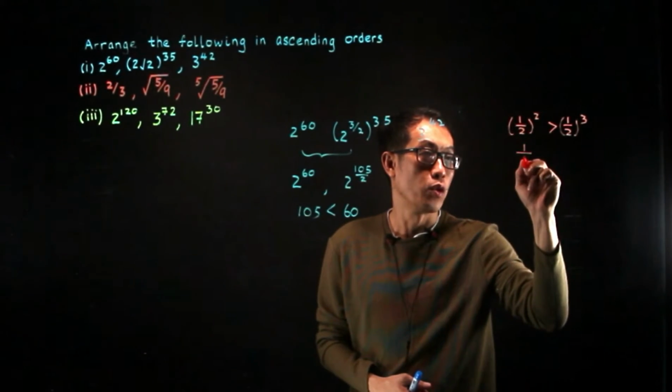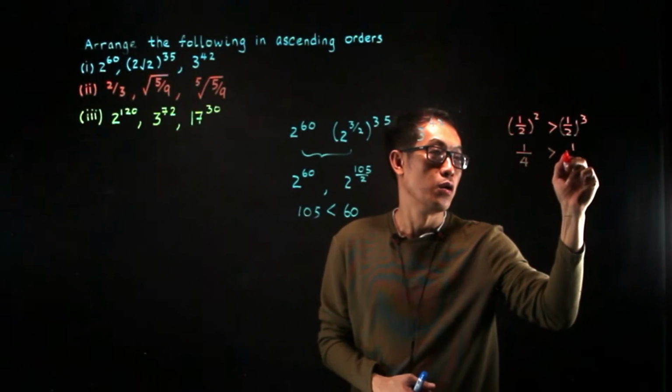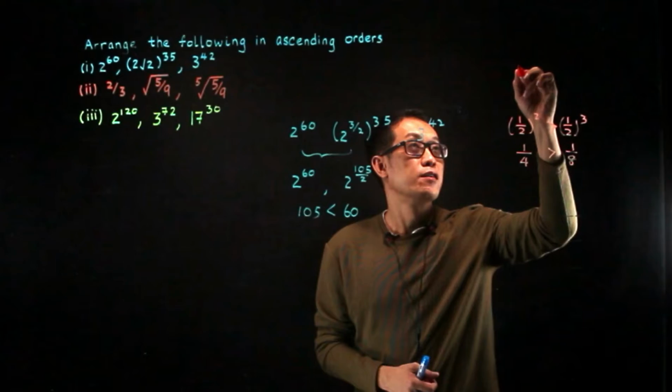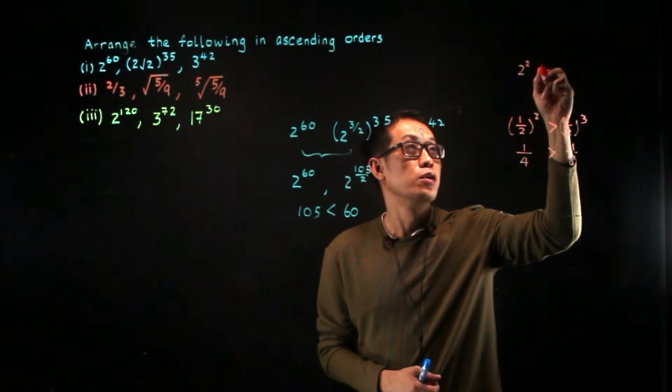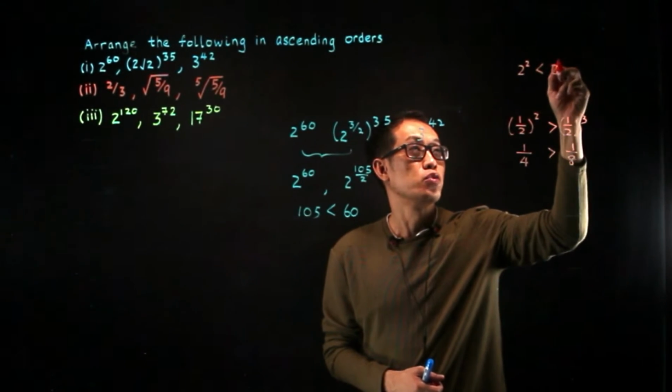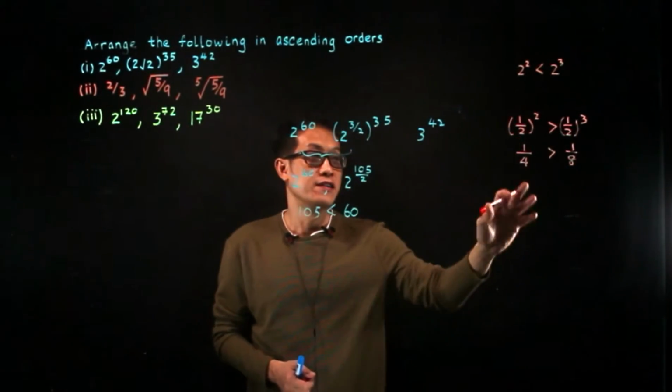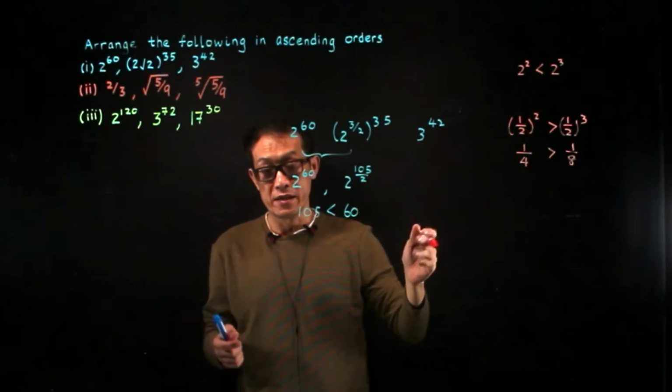This is 1/4 and this is 1/8. However, 2 to the power of 2 is smaller than 2 to the power of 3. Alright, when it's between 0 and 1, it behaves a bit differently.